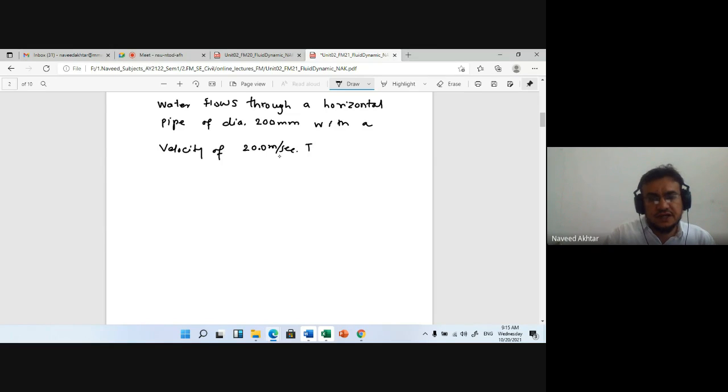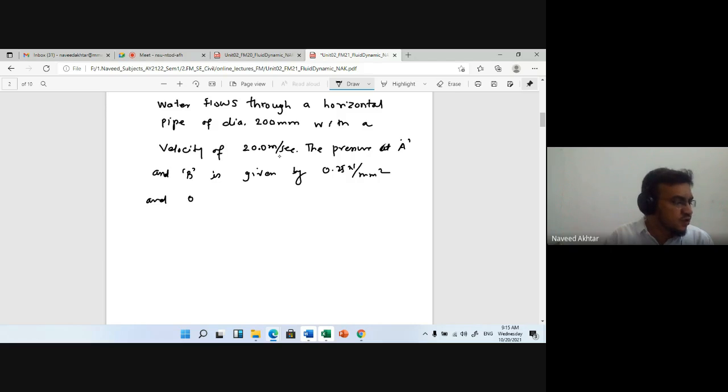The pressure at A and B is given by 0.25 Newton per mm square and 0.2 Newton per mm square.